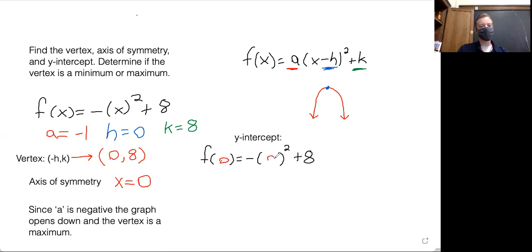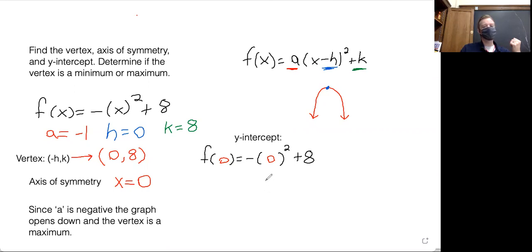Plug in 0 here and plug in 0 here. So if we work this out with order of operations, the first thing we need to do is 0 squared. What is 0 squared?